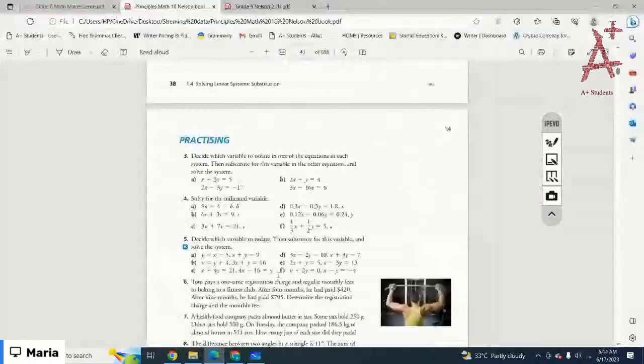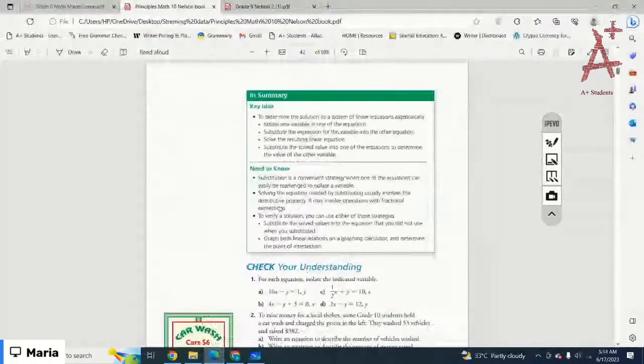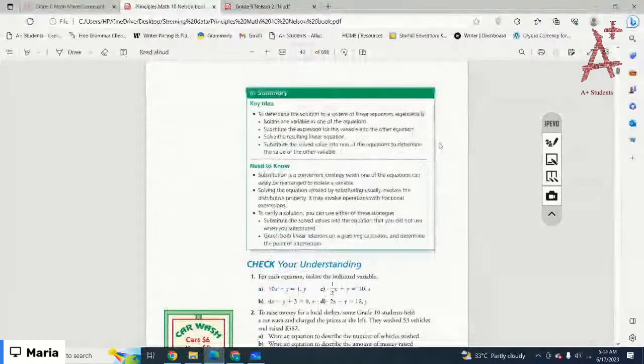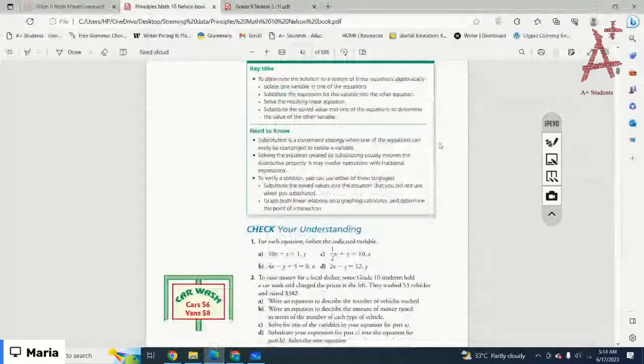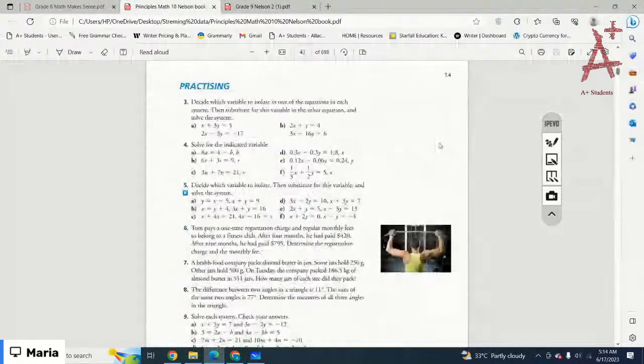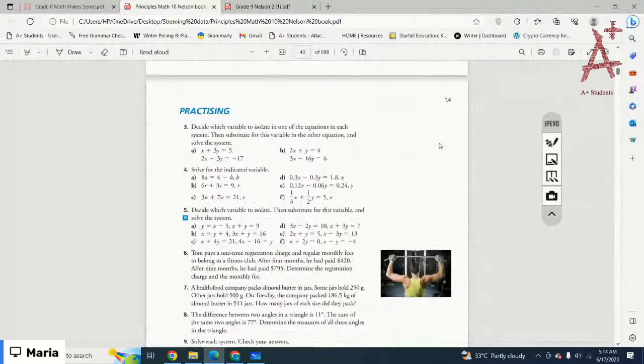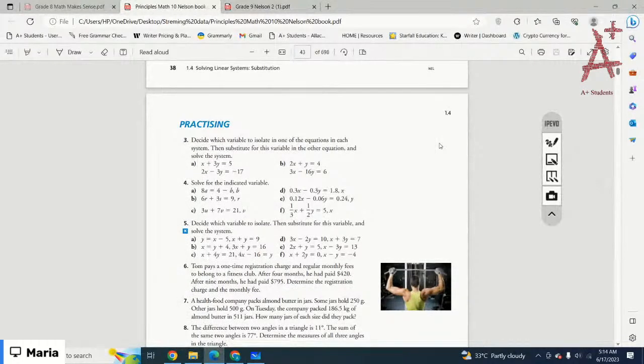Okay, let's do another one. Let's look at question number 4. Solve for the indicated variable.